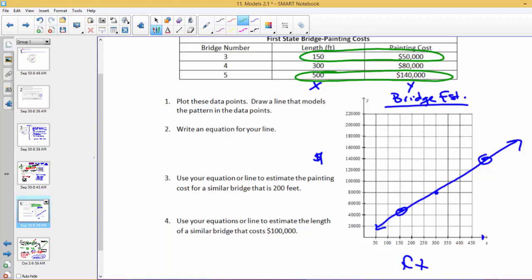So the first thing is to find slope. So you are doing y2, this is your x2, y2, this is your x1, y1. So remember, slope is y2 minus y1 over x2 minus x1. So 140,000 minus 50,000 divided by 500 minus 150.